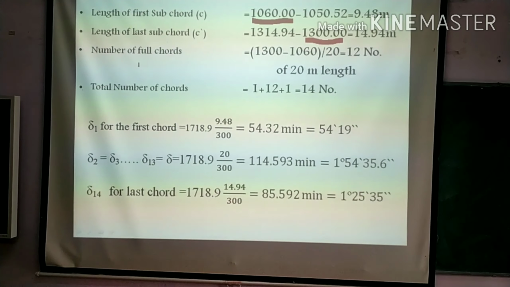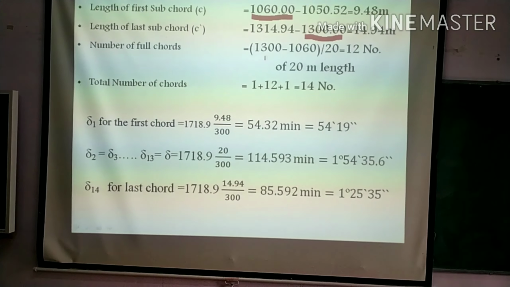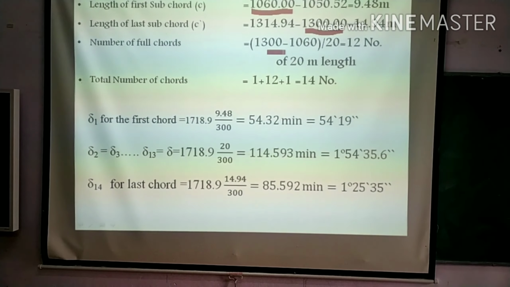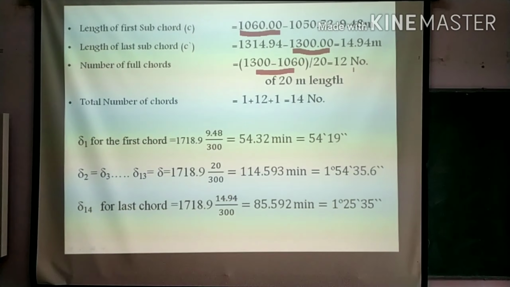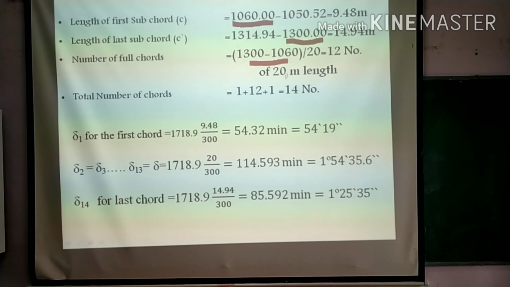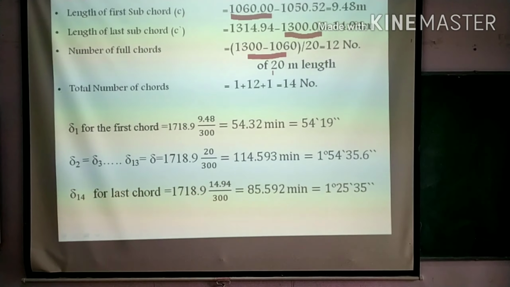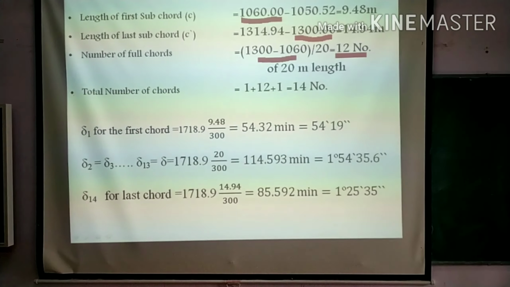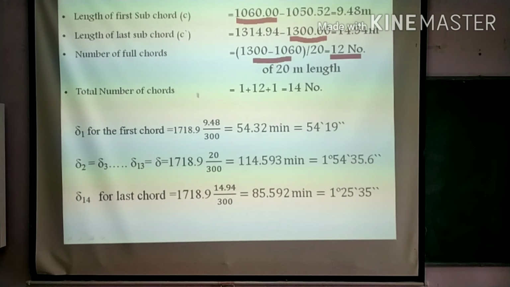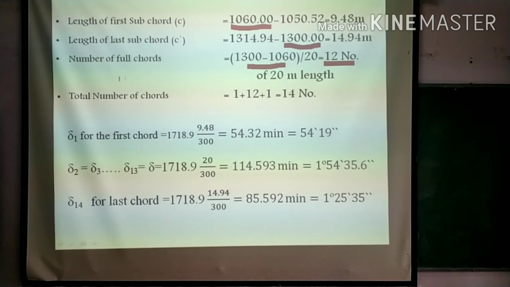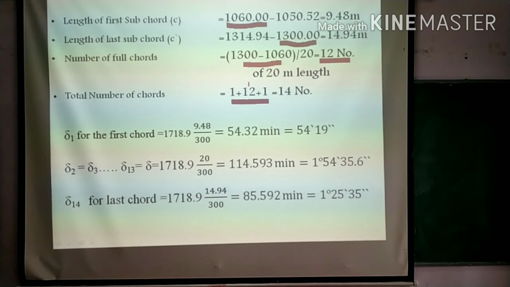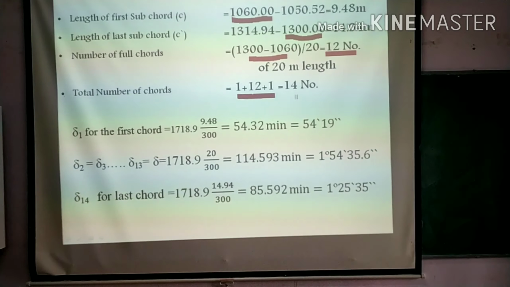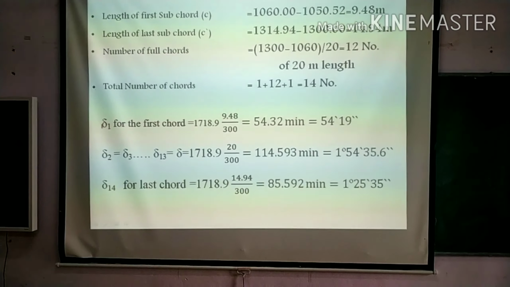To calculate the number of full chords, we take the whole numbers considered above, divided by 20, the length of the chain, so that we get 12 full chords of length 20 meters. So the total number of chords is 1, the initial subchord, 12 normal chords, and 1 final subchord, equal to 14.